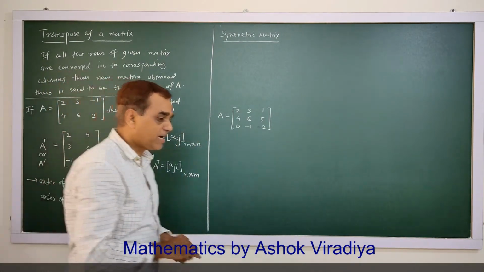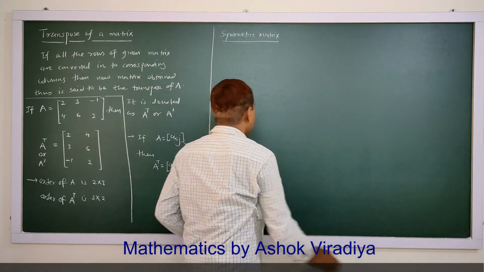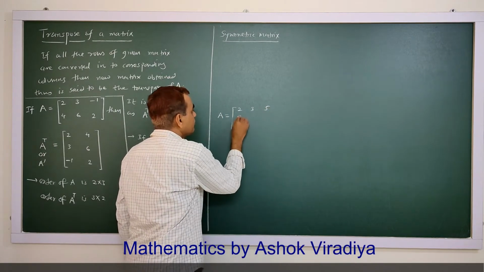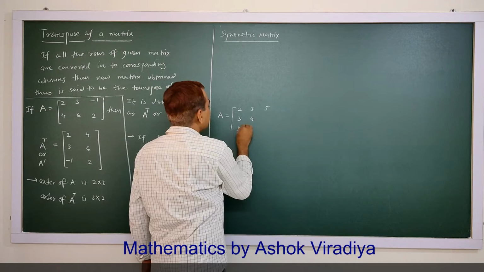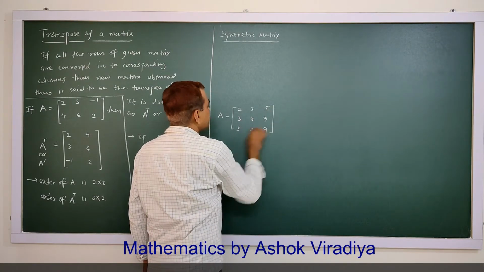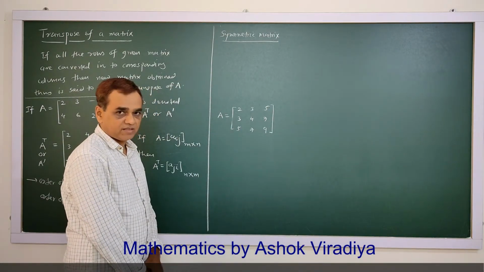Sorry, I have to change the example. I take matrix 2, 3, 5, 3, 4, 7, 5, 7, 9. This is a square matrix.